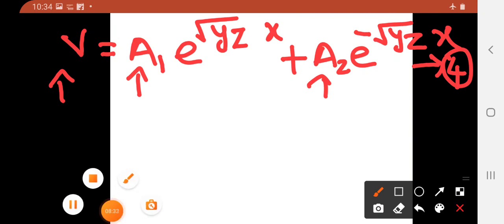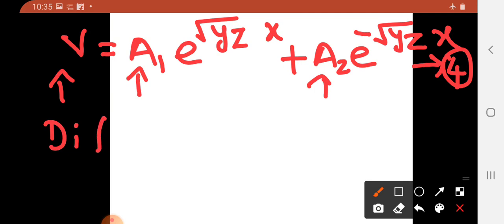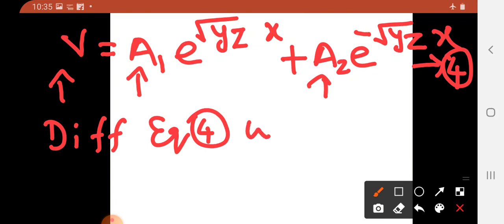So let us differentiate equation 4 with respect to x.